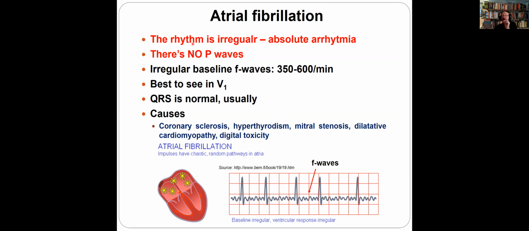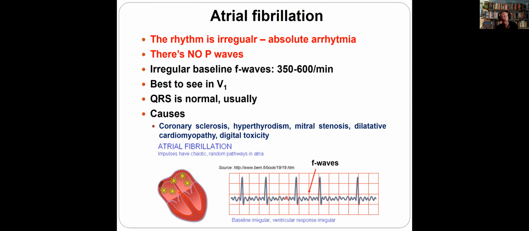Always irregular, absolute arrhythmia, no P wave, enough to diagnose atrial fibrillation. Does not matter how wide the QRS is. If you have arrhythmia absoluta, there is no P wave, immediately you can say that's atrial fibrillation. Now, if you do have P waves or some small P waves, and you see that the distance between these two P waves is faster than 300, again, you can say that's an atrial fibrillation.